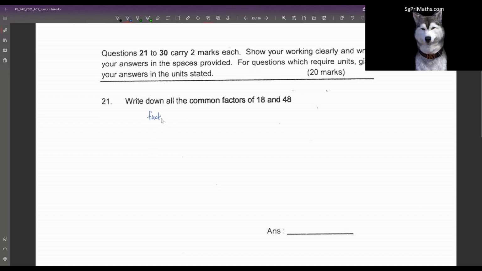So factors of 18 will be, start with 1, 2, 3, 4, 5, 6, then 9, then 18. 48 would be 1, 2, 3, 4, 5, 6. 6 is paired with 8. 4 is 1 for 2. 3 is 1, 6. 2 is 2, 4. 1 times 48. Okay, then we find the common one between them.